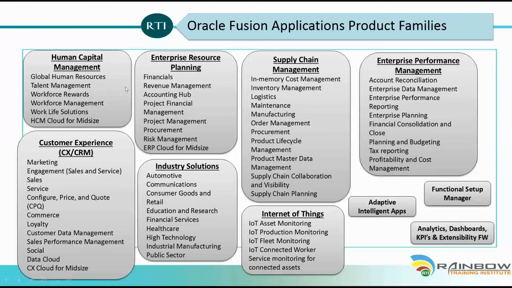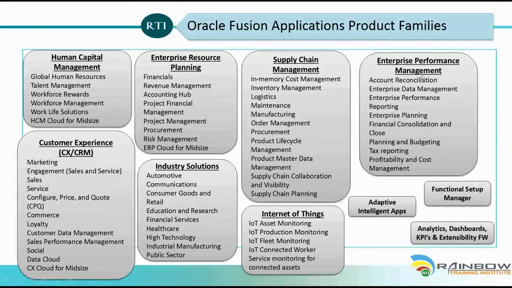So what they did is give multiple product families based on the domains. If it is the HR domain, human capital management. If it is the financial or procurement domain, they call it enterprise resource planning. If it is the supply chain management domain, it has its own product families and its own sub-products here.